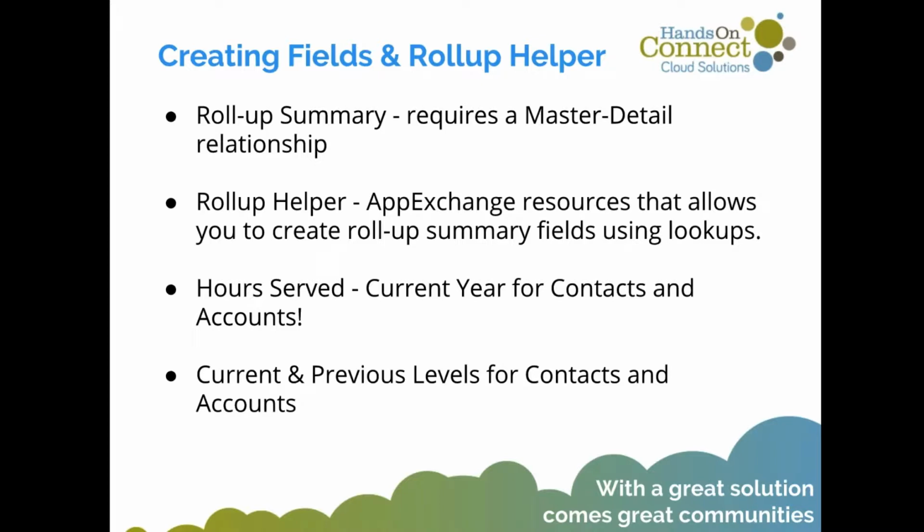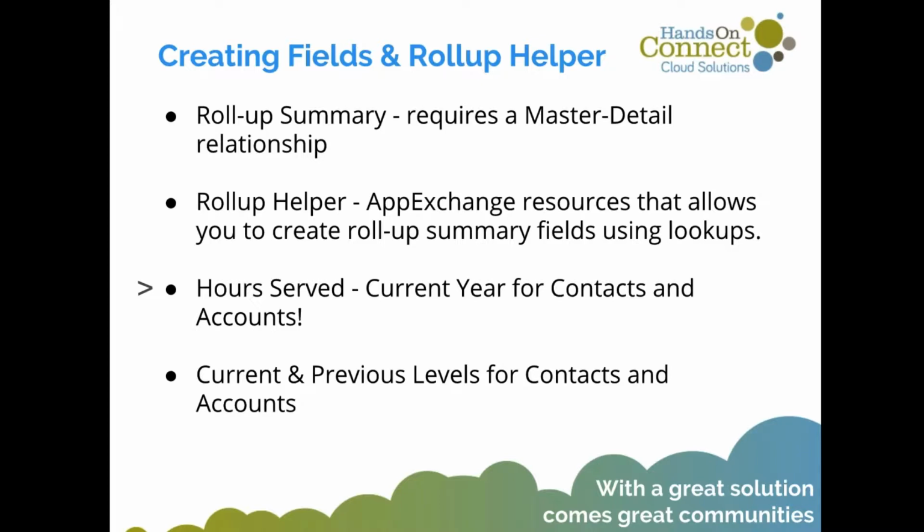In order to use the volunteer milestones, we're going to be using the Rollup Helper, and we're going to create 2 fields, one called Hours Served Current Year for a contact, and another one for the accounts. We'll talk about why you would want those at the account level as well.